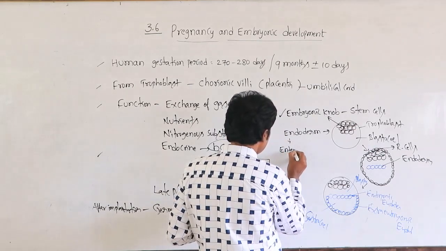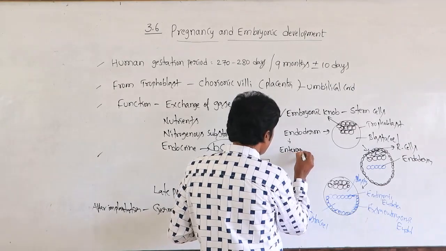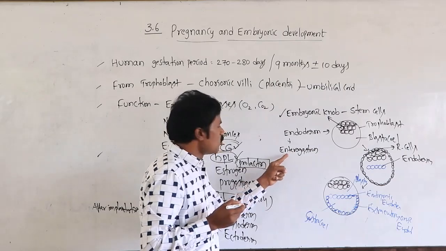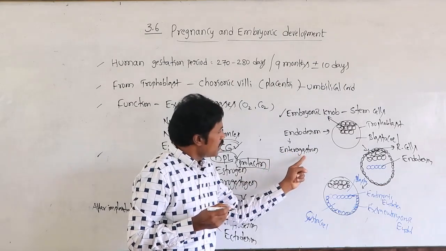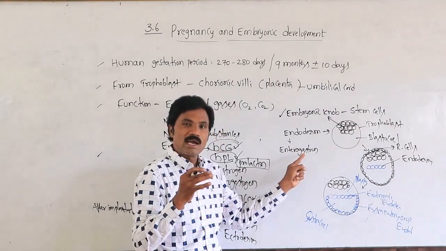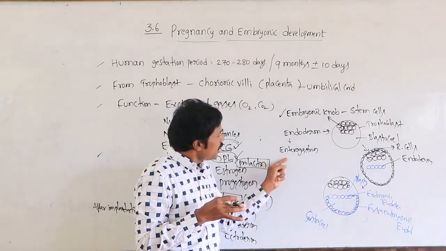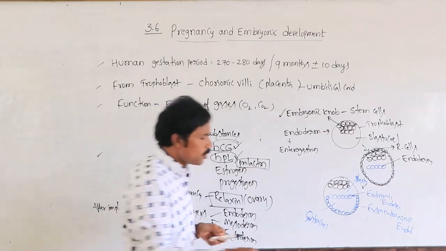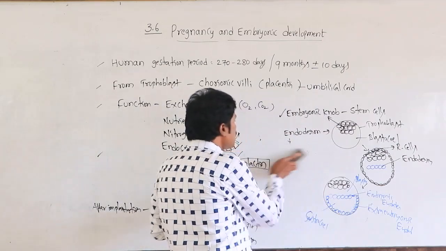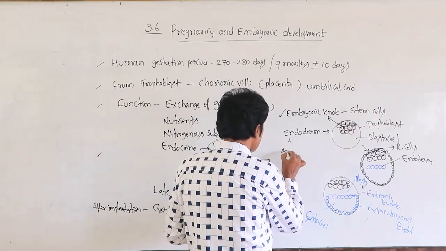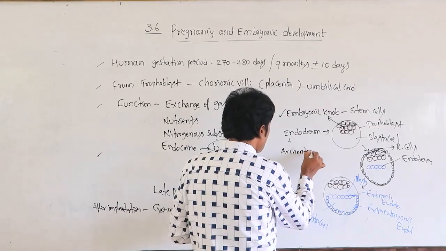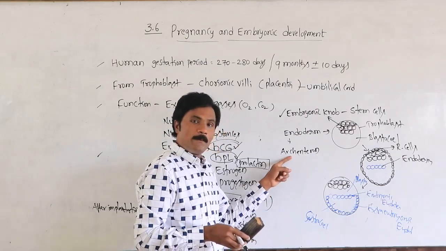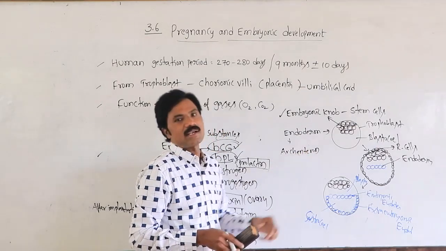It will be formed, the archenteron. Entero means primitive, gastron is related to gut. So remember it simply as archenteron. Archeo means primitive, enteron means gut.